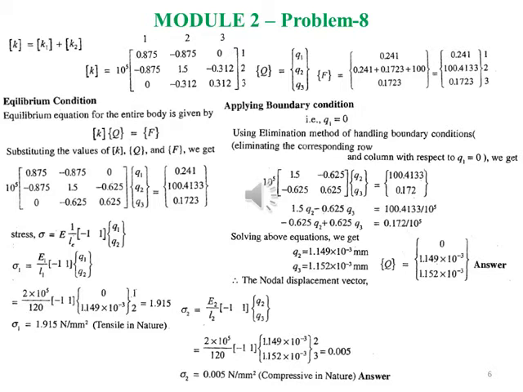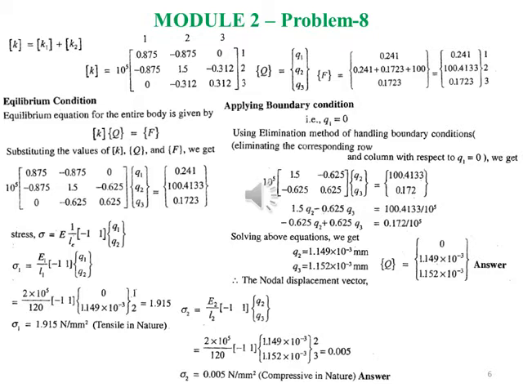For the second row, second column it is 1.5. The value is 1.5 because we are adding 0.875 with 0.625, so it comes to 1.5.